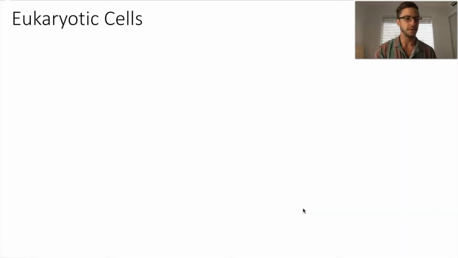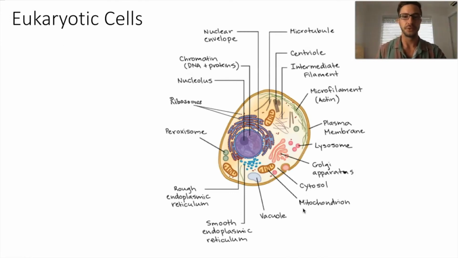So if we focus on eukaryotic cells, here is a drawing of a eukaryotic cell, and it is an animal cell as opposed to a plant because it does not have a cell wall, and it does not have what I can see on here as chloroplast, or a large vacuole. It's quite small. So it's an animal cell, and there are quite a number of organelles that make up an animal cell, and it looks pretty boring when you just look at it, but these cells are incredibly complex.